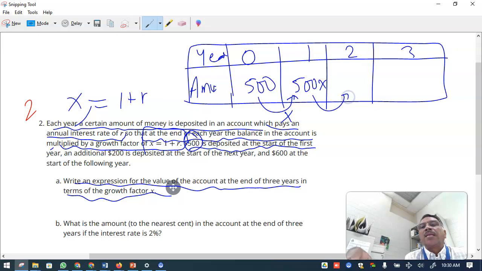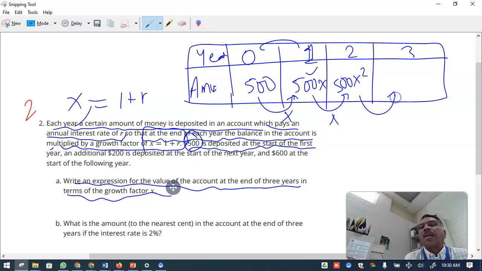After 2 years, you multiply again by x, so it becomes 500x squared. Then you multiply another x, so it becomes 500x cubed. So the money which was 500 in the beginning is this after 3 years.